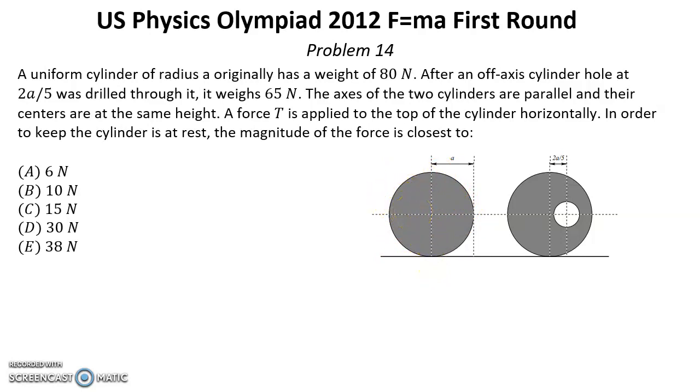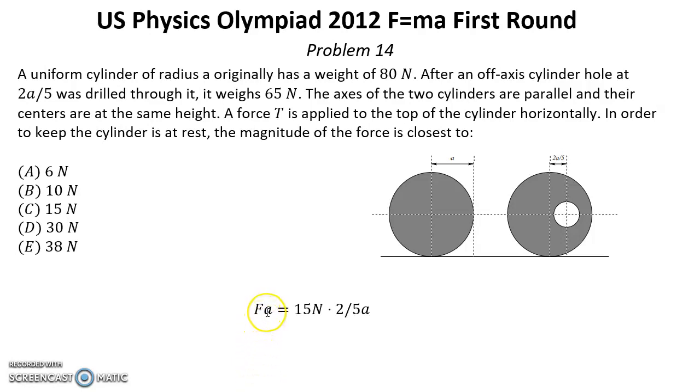the drilled one creates torque around the center of gravity, which is equal to 15 newtons multiplied by distance 2/5A, and it must be equalized by the torque created by force F, which is F multiplied by A. So here we have the equation.